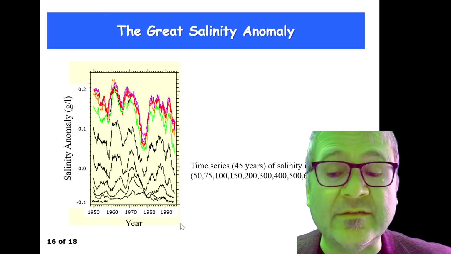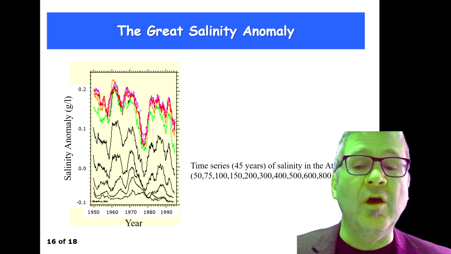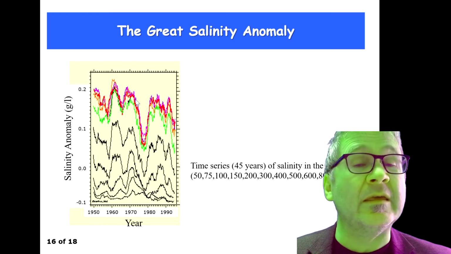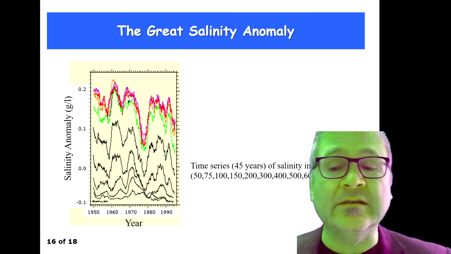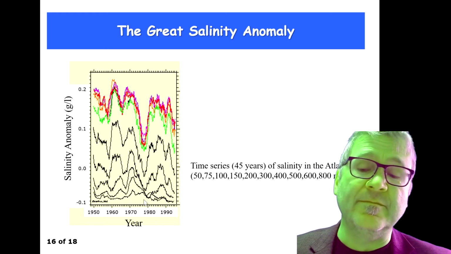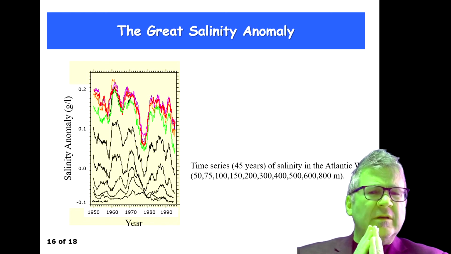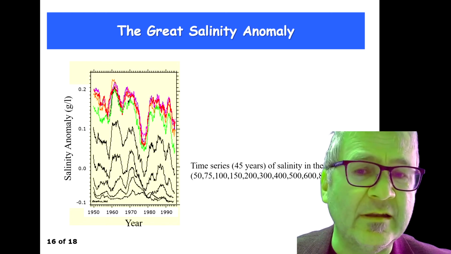And what you can see is that in the 1970s, mid-1970s, is the appearance of an anomaly. Okay, it is a drop in the salinity that you can see in most layers here. Okay, so what is the reason of this great salinity anomaly?